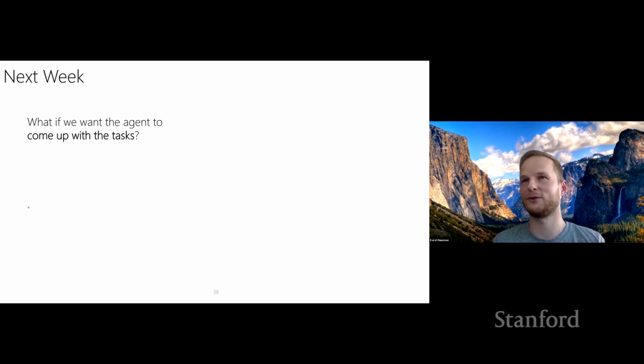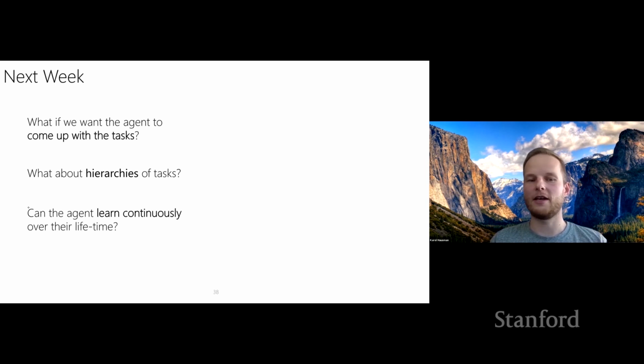All right, so as for next week, we'll try to answer additional questions that come to mind when you think about these problems, such as what should we do if we want the agent to come up with their own tasks? What if we don't want to specify the task and we just want to leave the agent unattended and have them figure out all the useful tasks? How should we think about hierarchies of tasks?